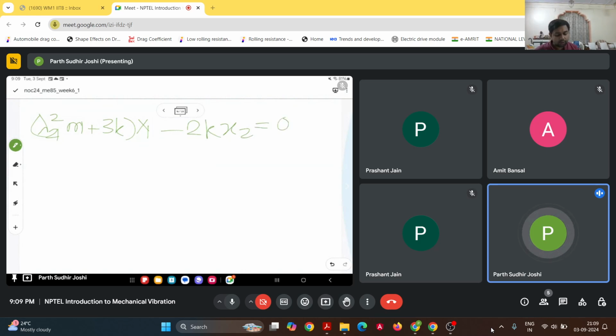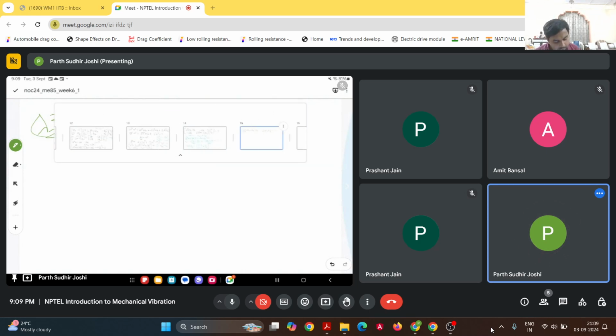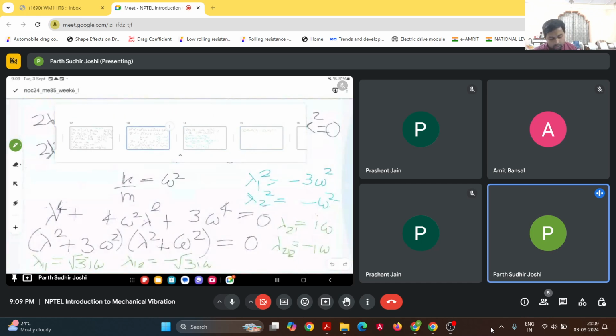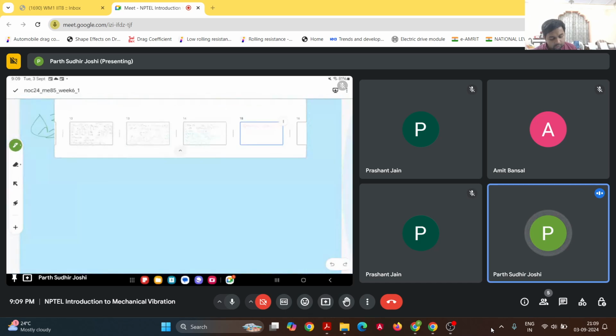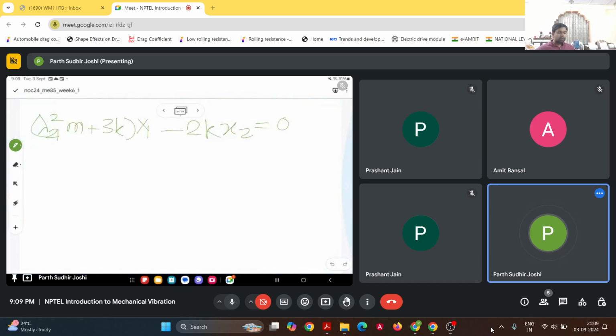So lambda 21 is i omega. So lambda 21 square will be minus omega square, and minus m omega square will be minus k. So it will be minus k plus 3k times x1 minus 2k x2 is equal to 0.